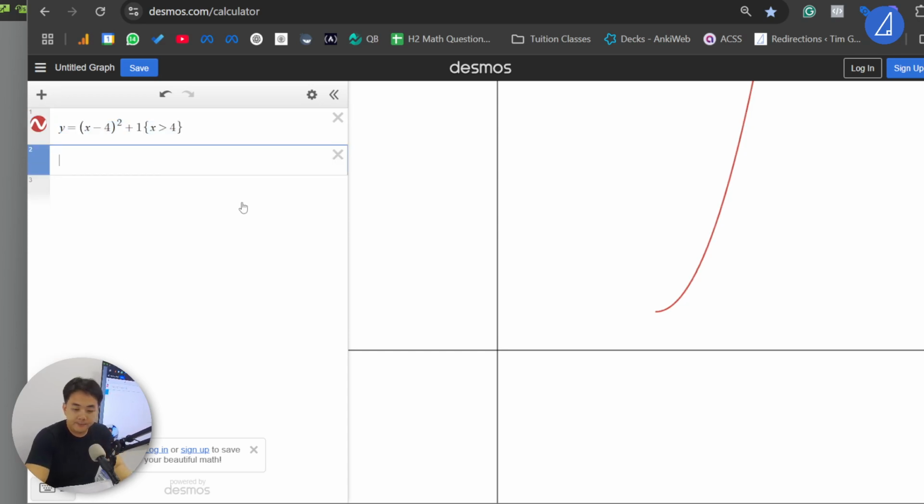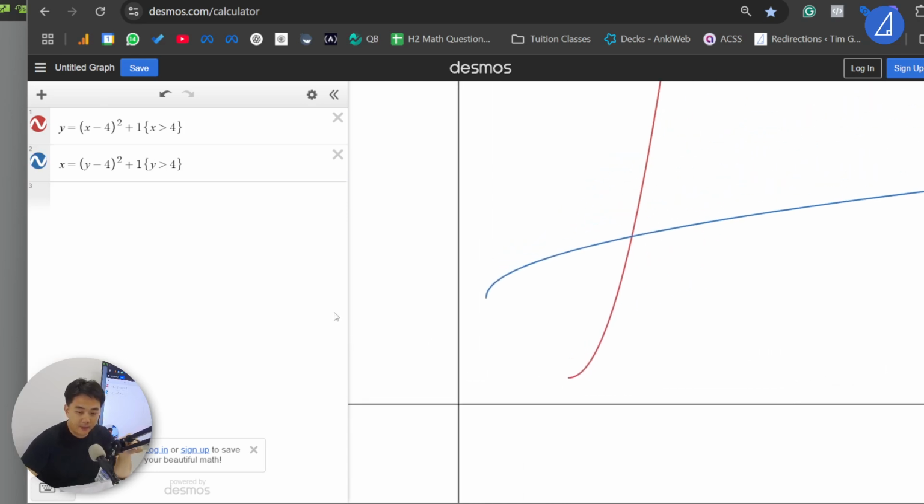What we need is to make x become y, y become x. If I copy this graph and take this equation, everything just changes: x becomes y, y becomes x, even for the domain. You see, this is the graph that we get.